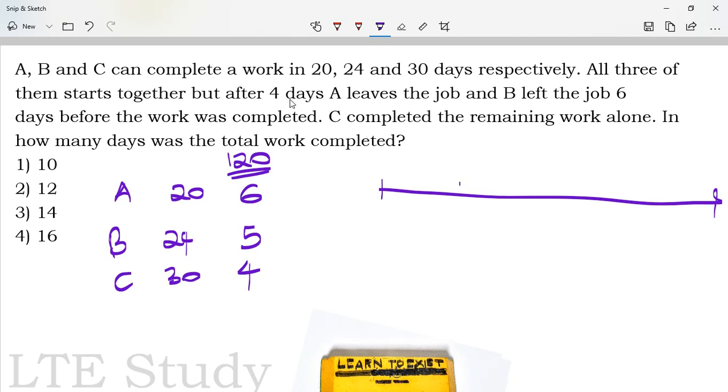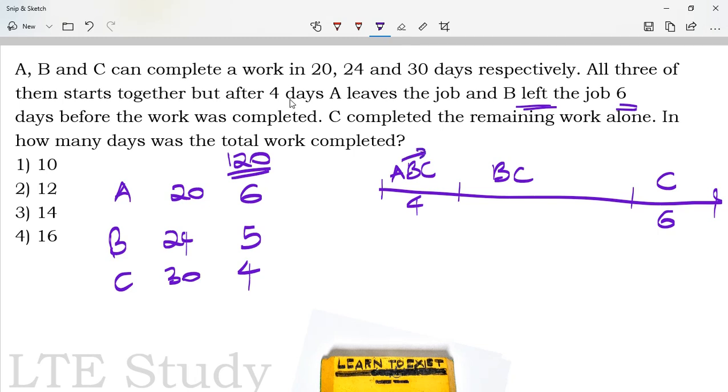For the first 4 days all three, A, B and C, are working. Then A leaves, so B and C work for the next few days, which is not given. Then B leaves, so for the last 6 days only C is working. We'll write the working capacity of these three persons.